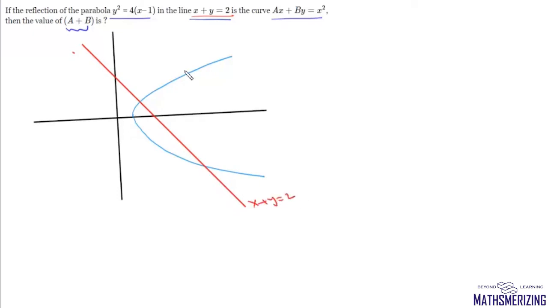Now it says the reflection of this parabola about this line is this curve which is ax plus by equals x square. So the reflection of this parabola about this line is this parabola, ax plus by equals x square, and we need to find the values of a and b.